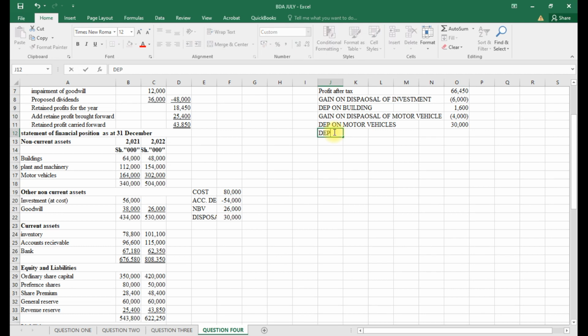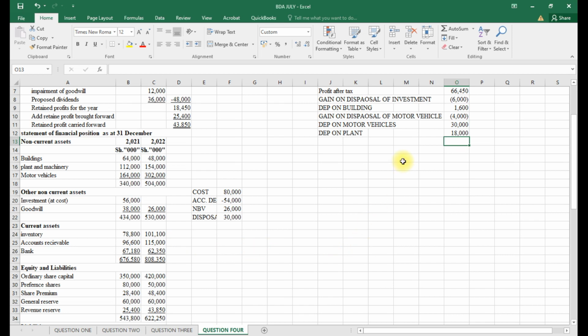Depreciation on plant and machinery, where we shall get this plus, we add 60 that we acquired, and we minus the figure at the end. So our depreciation was 18 for the plant, 18,000, and I think that's all that we had there.